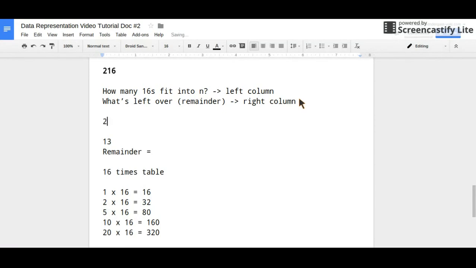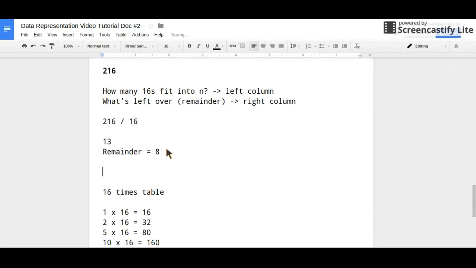So what we're doing is 216 divided by 16, and what this gives us is 13 with 8 left over. As I said at the start, the number of 16s that fit into your number becomes your left-hand column, and this is 13. So do you remember what 13 is?